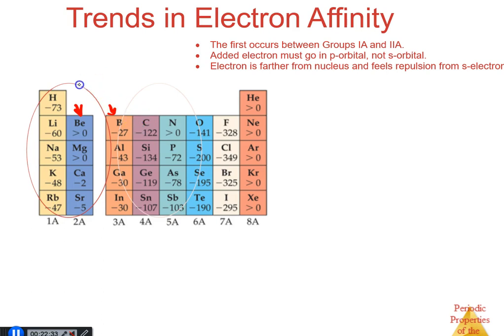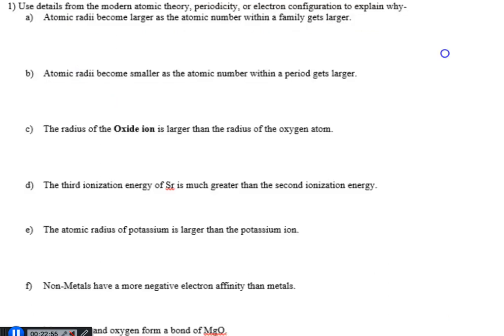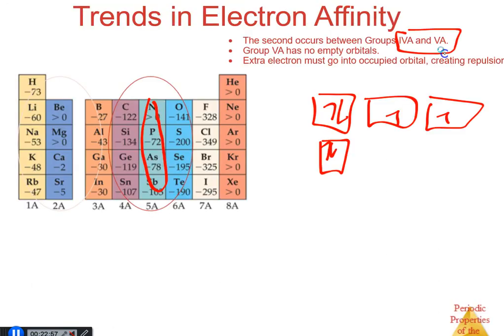What we're saying is this is less exothermic than this would be or this would be, because once again, we're now going to have to add to the p instead of just completing the s, which is farther away. And our good friend, electron-electron repulsion comes to play again. Okay, we will come back to this slide in a second.